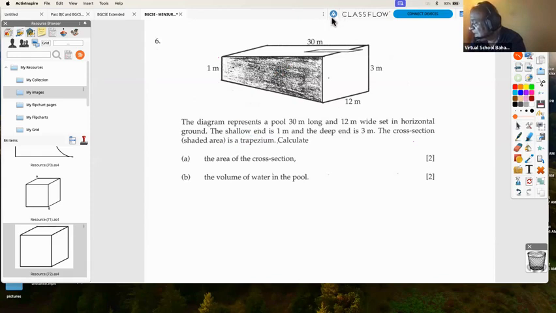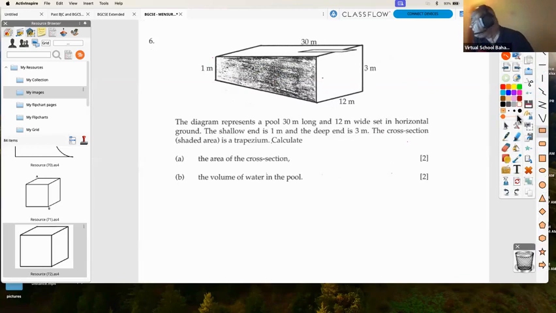Who wants to explain that to me? Imagine if I just flip this over, this here would be the bottom of the pool, right? So remember the cross section is this side, and over on the other side would be the same thing. So what shape is this thing here? Look at this now. Let me use my color coding.